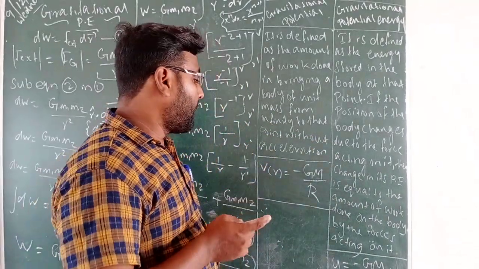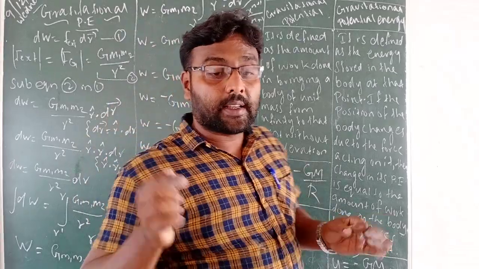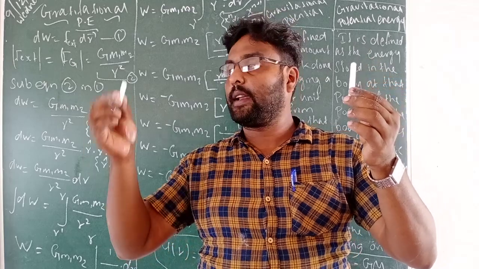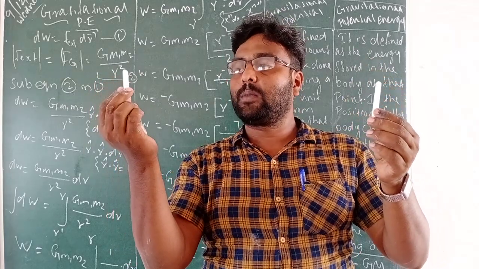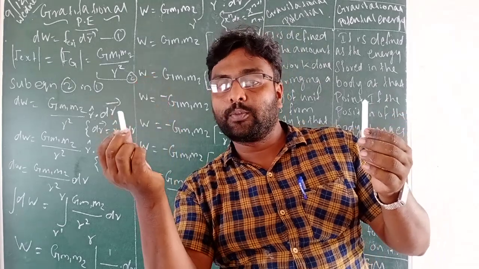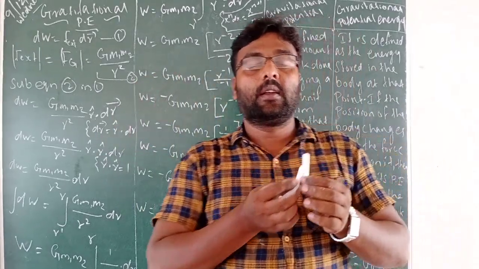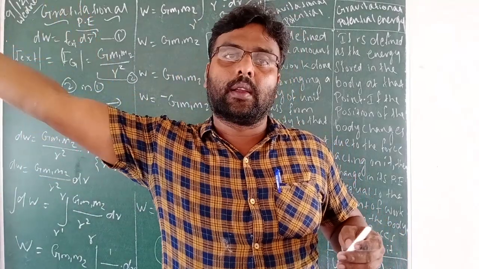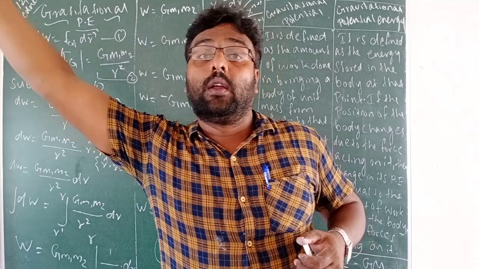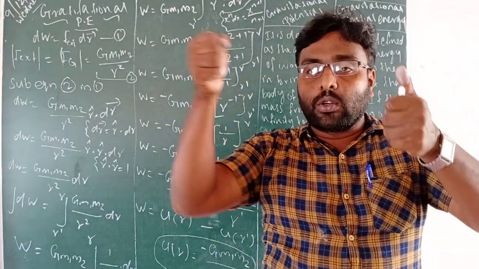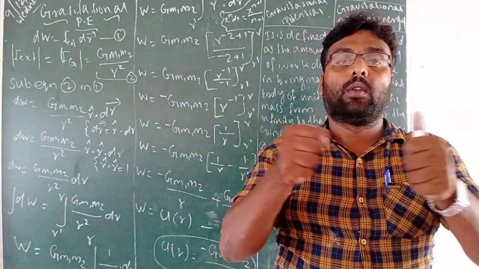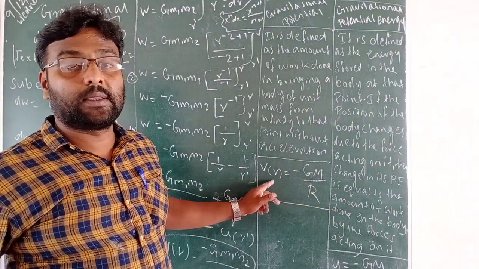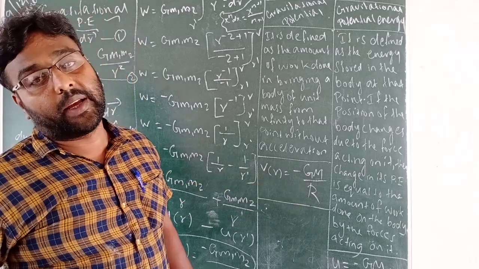Assume that an object of mass M is here, and another mass M2 is brought from infinity to this position. Infinity means somewhere far away. To bring this object from infinity to this point, no acceleration is needed. That is the gravitational potential, V(r) is equal to minus GM by r.